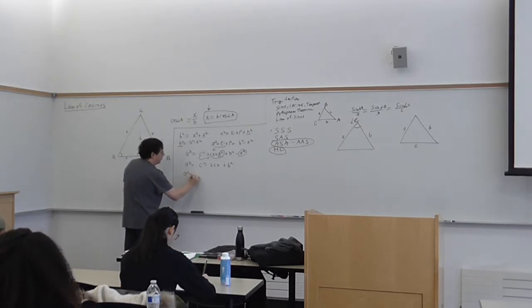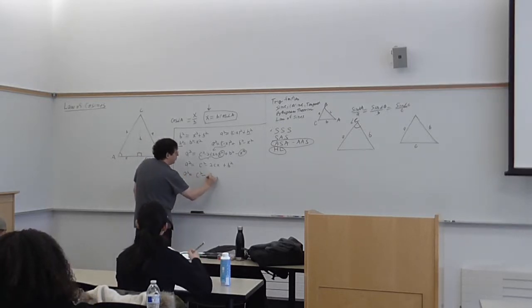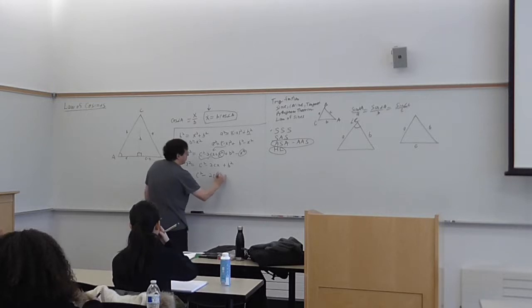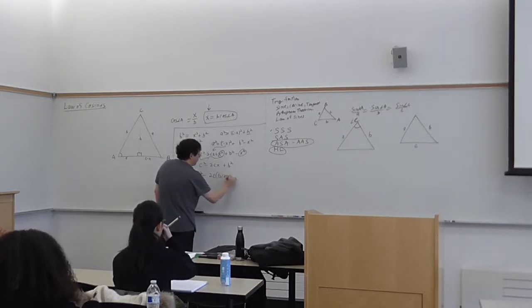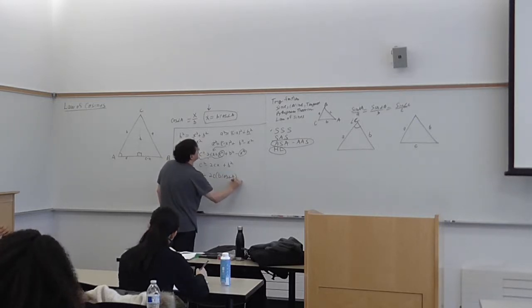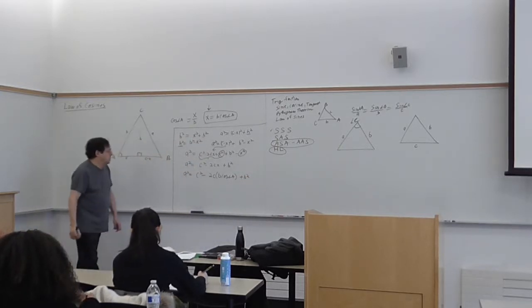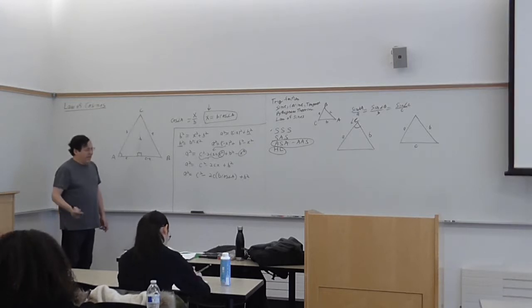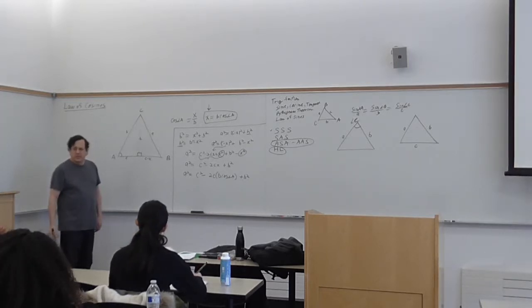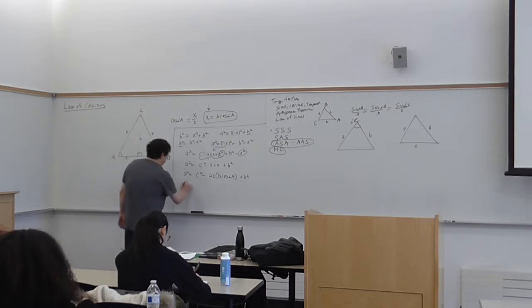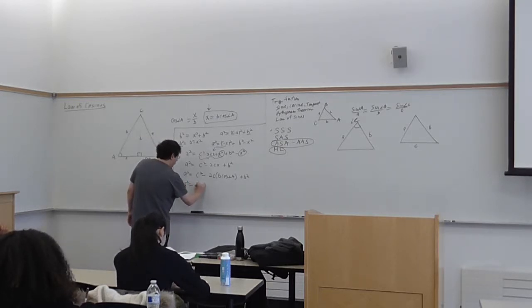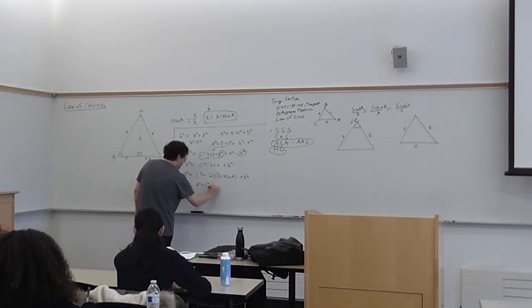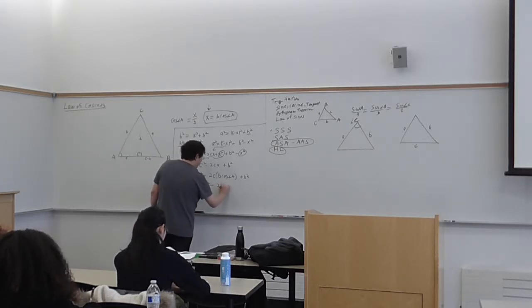A squared equals c squared minus 2c times b cosine angle A plus b squared. And I'm just going to rearrange that a little bit to my liking. A squared equals b squared plus c squared minus 2bc cosine angle A.